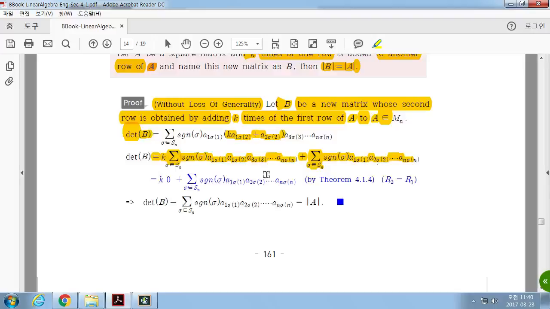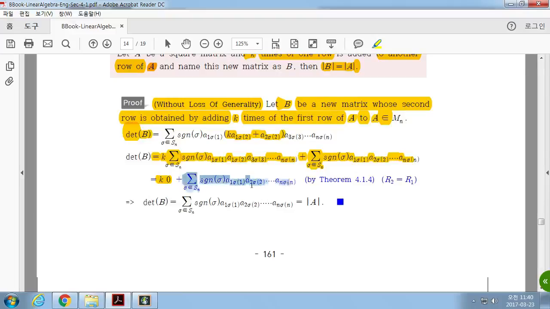The important thing is, what about this first part? This is a determinant that comes from a matrix whose first row and second row are the same, because you multiply k times the first row on the second. So the first part has two same rows. What's the determinant value? 0. So k times 0 is the value of this first part. And what's left?